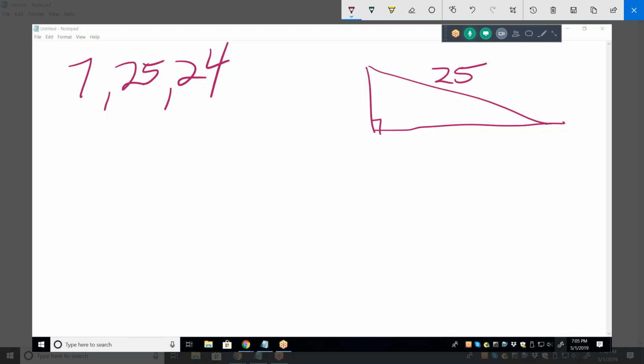There are 2 short sides, okay? In other words, there's only 3 sides. One of them's the hypotenuse. The other 2 are called the short sides. Well, that's clearly the shortest, which makes this 24. Now, if that is a legitimate right triangle, what has to be true?